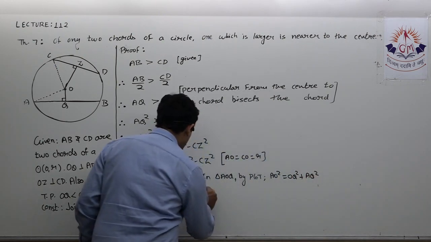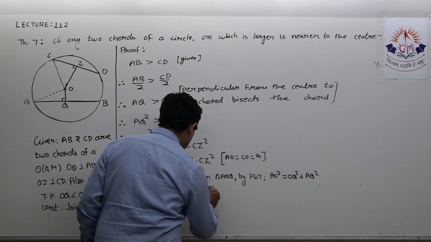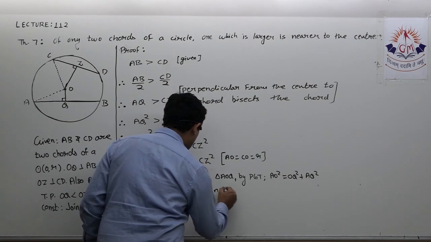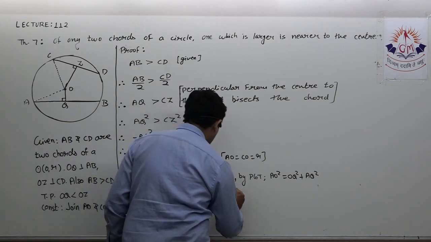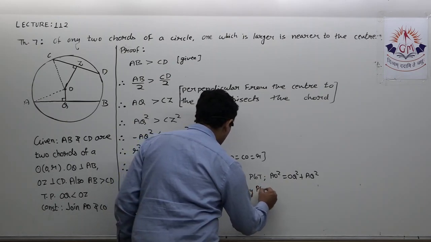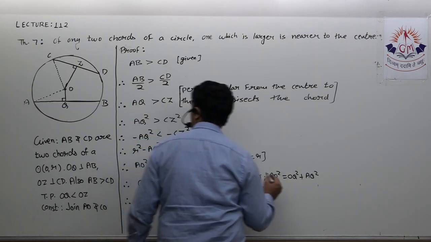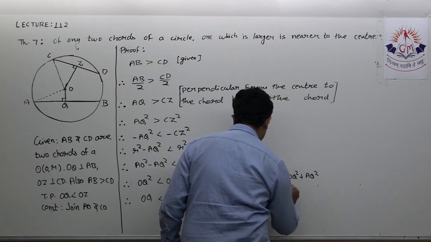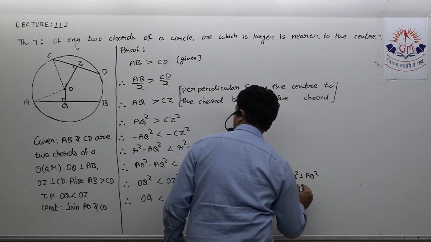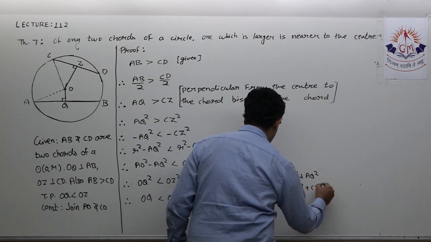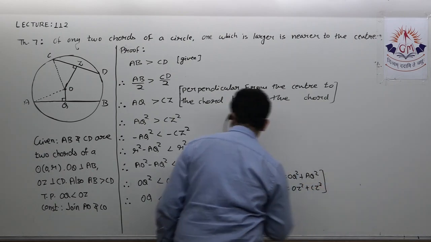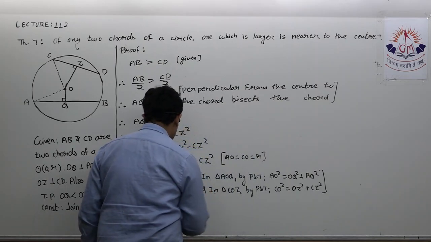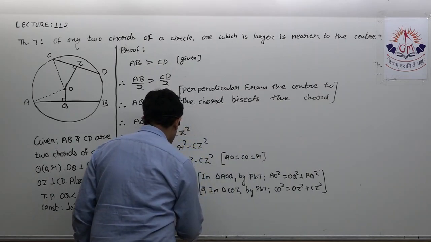And in triangle COZ, again by Pythagoras theorem, CO square is equal to CZ square plus OZ square. In that way I can justify this step, and here I can write hence proved.